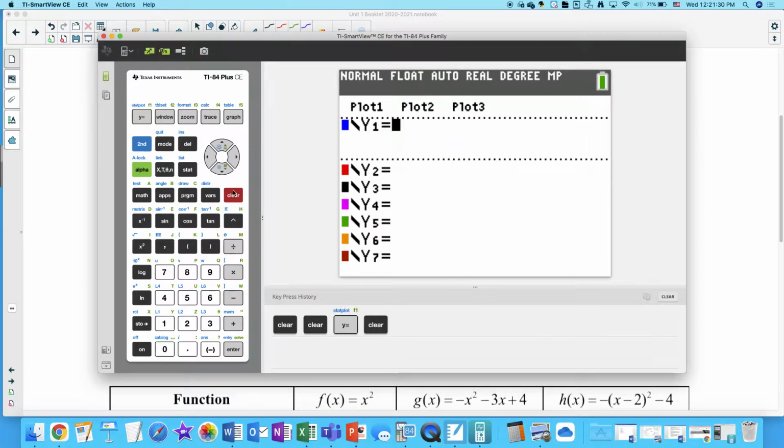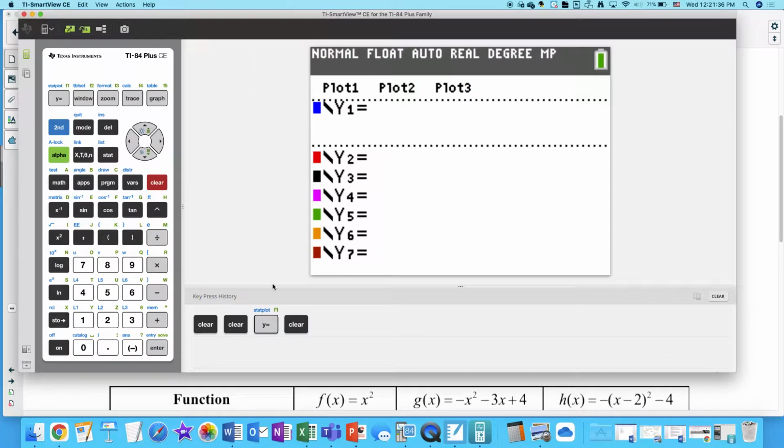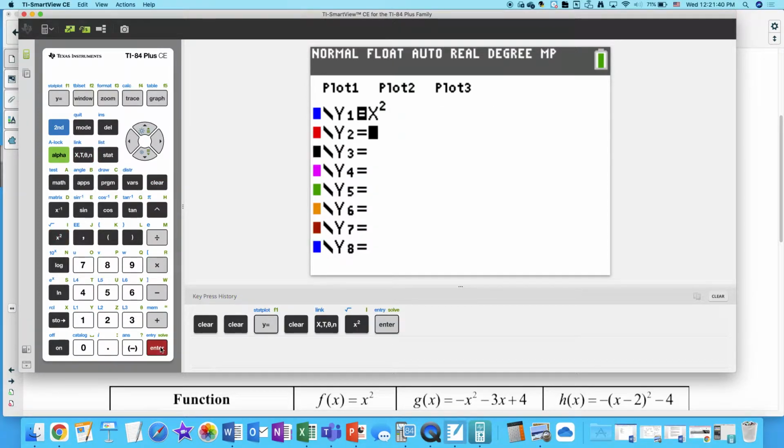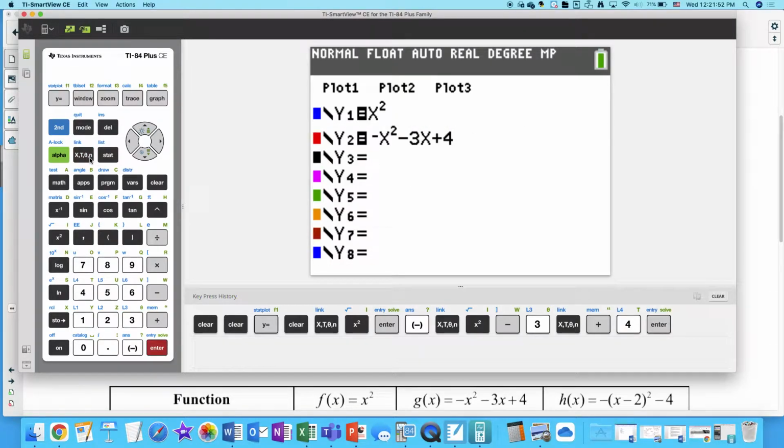So I'm going to clear anything out that was in there. And the first function is y equals x squared. Second function is y equals negative x squared minus 3x plus 4. And then the third function is negative in brackets x minus 2.